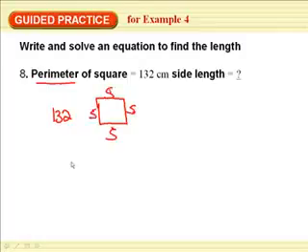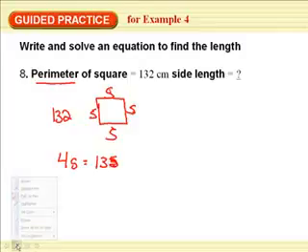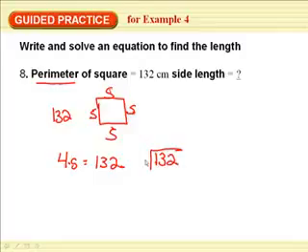And if you remember for perimeter, the formula was 4s equals the perimeter, which is 132. And again, this is multiplication, so I'm missing a number, which means to divide. So I'll take 132 divided by 4.